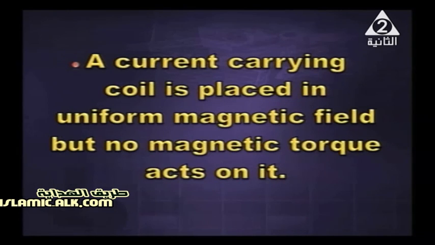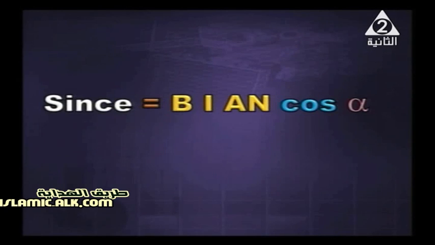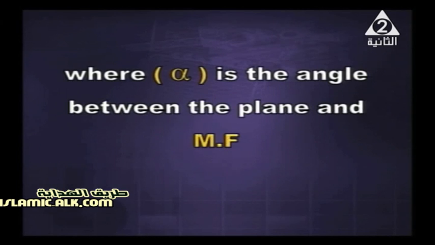Give reason: a current carrying coil is placed in a uniform magnetic field, but no magnetic torque acts on it. This happens in the vertical position. Torque is given by the expression BIAN cosine alpha, where alpha is the angle between the plane of the coil and the magnetic field.